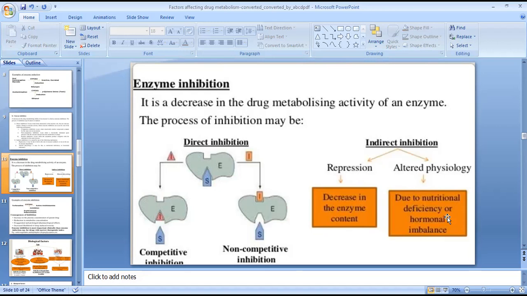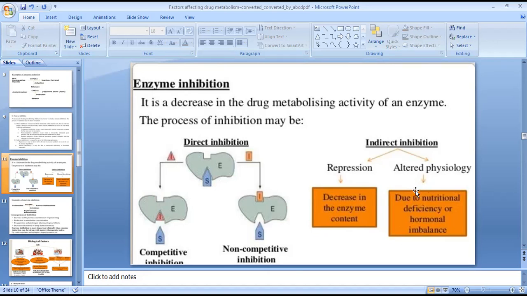See, there are patients or areas where they will not get a nutritional diet, so they are unable to produce all the enzymes which are required for the metabolism of the drug molecule.